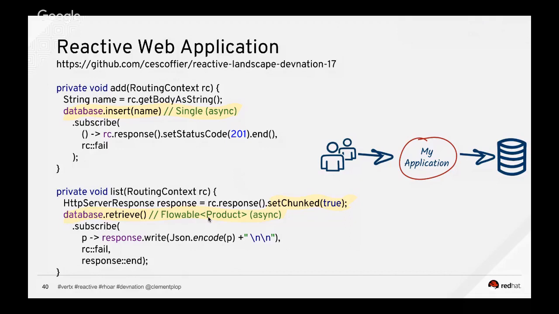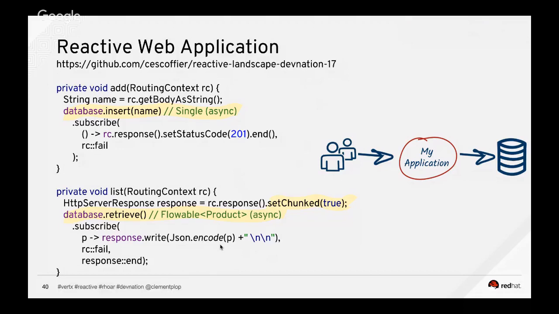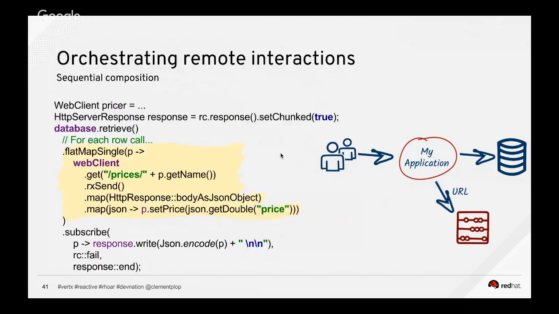As soon as I have a product, I'm going to write it into my HTTP response, meaning that my memory will never blow up. Oh, by the way, I forgot to say, if you're interested in this code, it's there, in this GitHub repository. So as I said, as soon as I have a product that comes back from my database, I'll just write it to my HTTP response, and it's my client side that will have to handle and display it correctly.